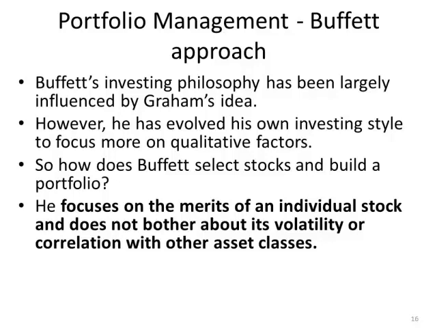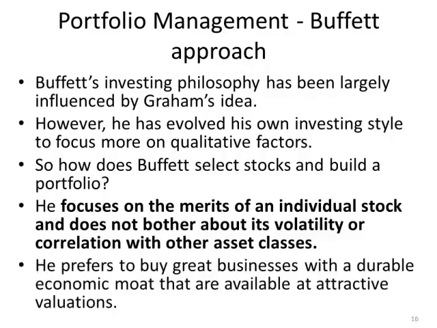Modern portfolio theory actually ignores an individual stock and really only cares about how it relates to the overall portfolio. Whereas according to Warren Buffett, we would only focus on the merits of that individual stock, right? We want to find stocks that have high returns that are also low risk. And really, the volatility or correlation with other asset classes doesn't matter.